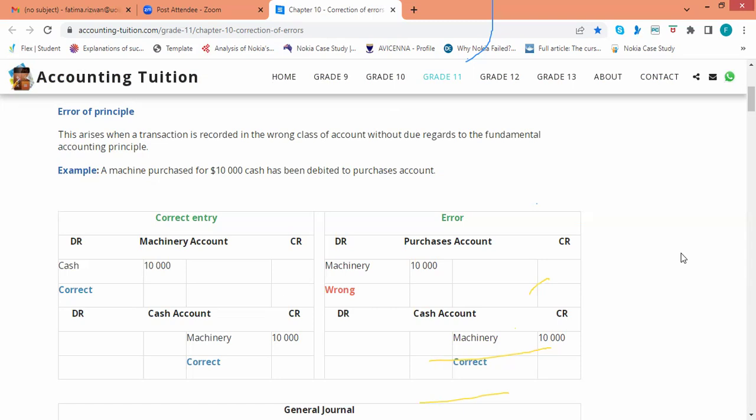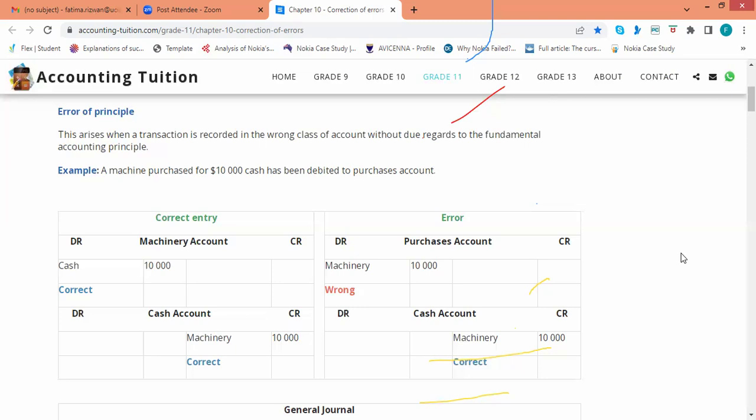So instead of writing down asset, you have written expenses, or instead of writing down expenses, you have written asset. Similarly, the rule of crediting for liabilities, for revenues, and for capital is the same. That is credit, right? So instead of crediting revenue, you have credited liability, or instead of crediting a capital, you have credited a revenue.